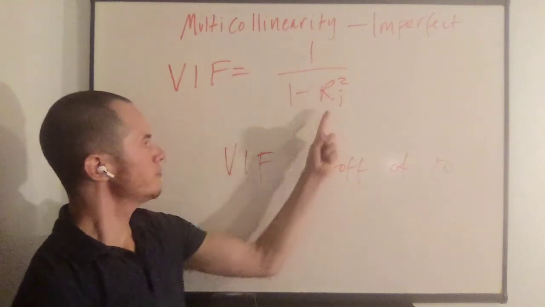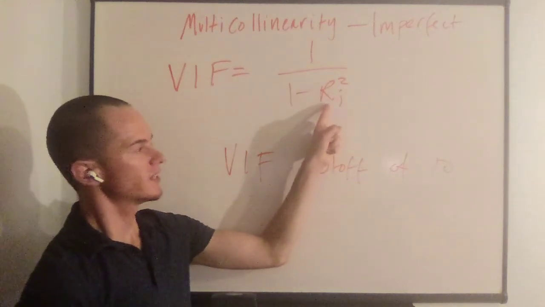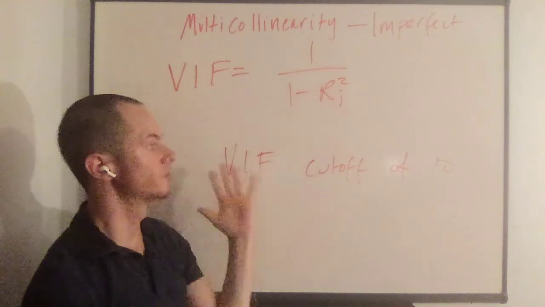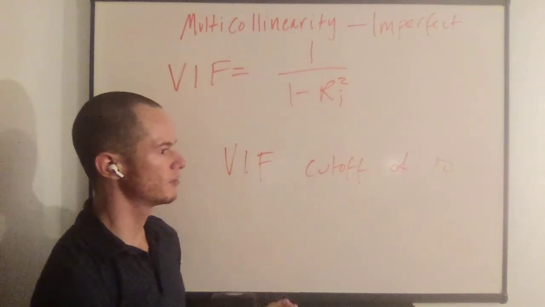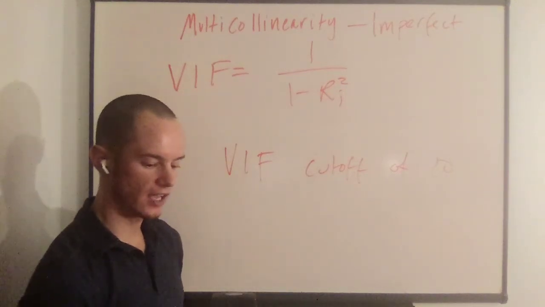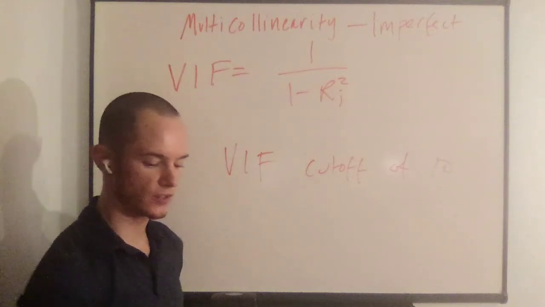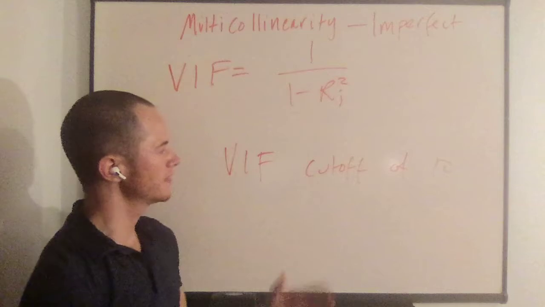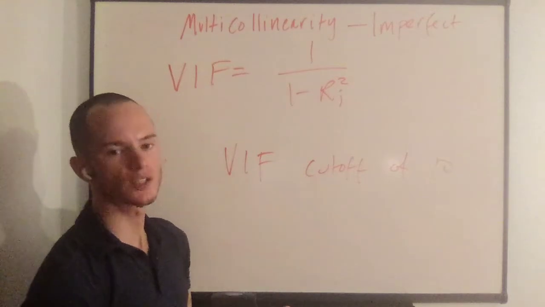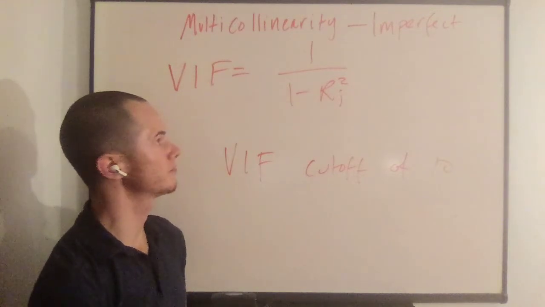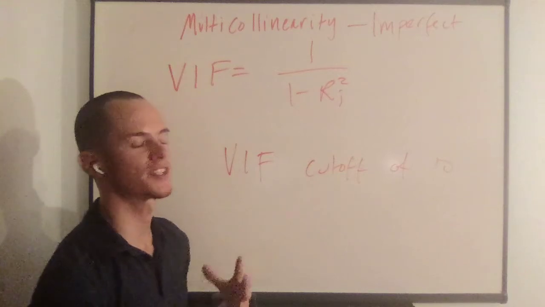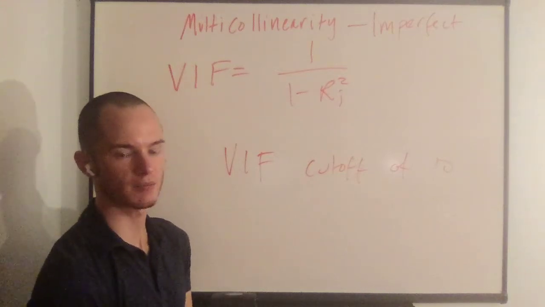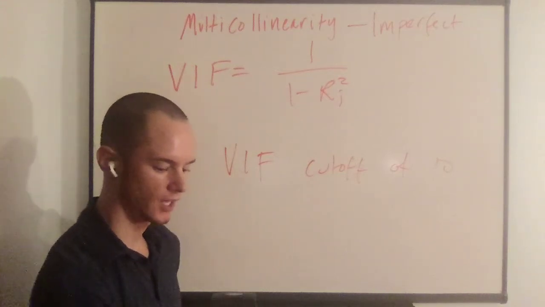So you might end up having a relatively high variance inflation factor, but if you have a small error variance, or if you have a high total sum of squares in j, then perhaps it's not such a bad problem, because you may be able to come up with a sufficiently precise estimate of beta j.